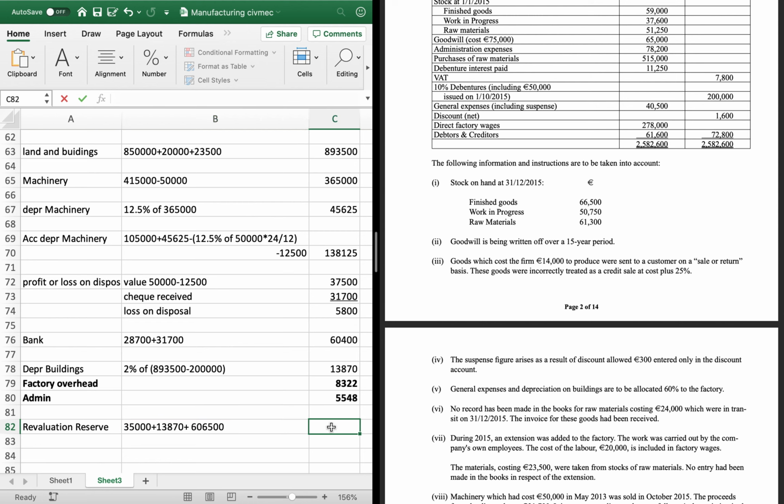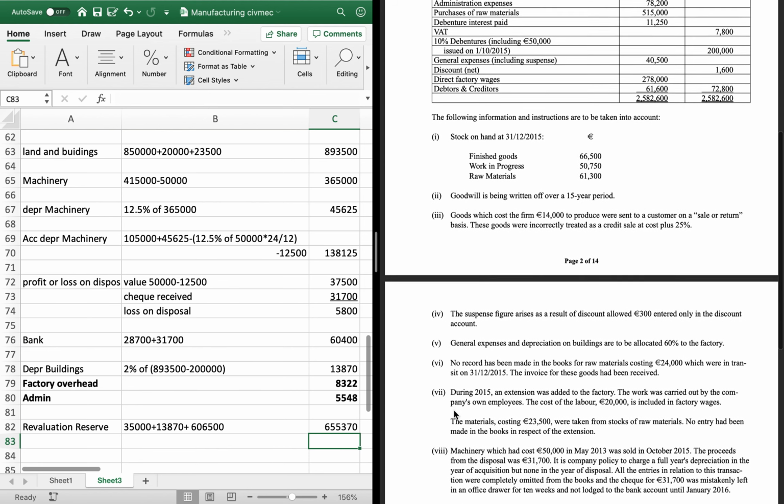So your revaluation surplus, or revaluation reserve, is 606,500 plus 13,870 plus 35,000, which is 655,370. Okay, so that's your revaluation dealt with.